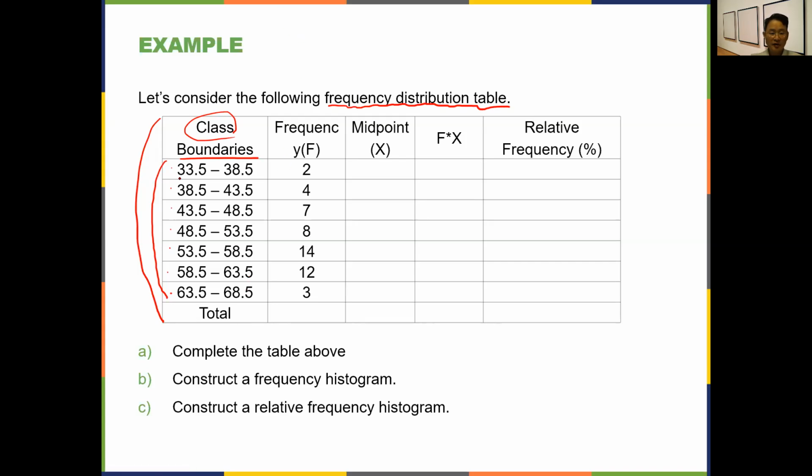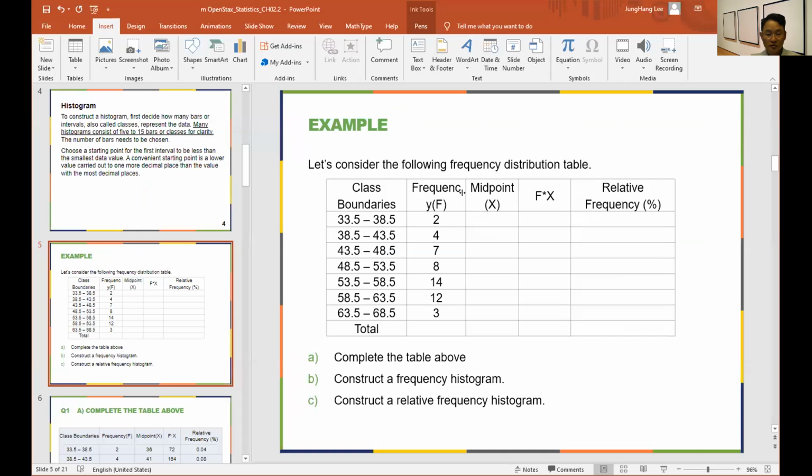Now let's think about this first line. What does that really mean? Let me give you a little bit of time. What does this first line, this boundary and frequency, really mean? Okay, I don't really like this Y right there, so let me make it a little bit bigger.